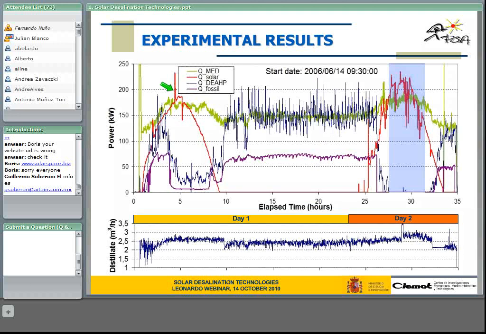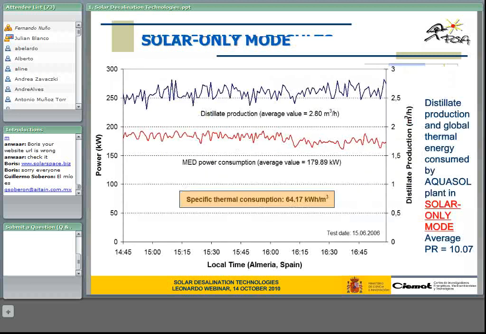Here on the bottom you can see the distillate production, which was between 2.5 and 3 cubic meters per hour. During this day, considering solar only mode, the specific thermal consumption of the plant was 64.17 kilowatt hour per cubic meter, which means that we have a performance ratio of about 10.